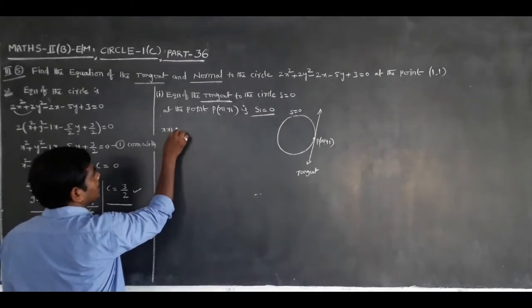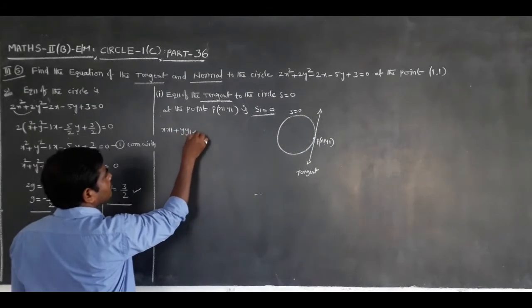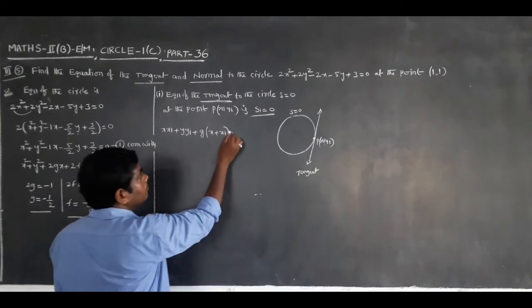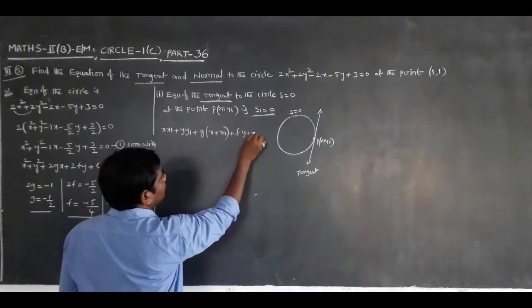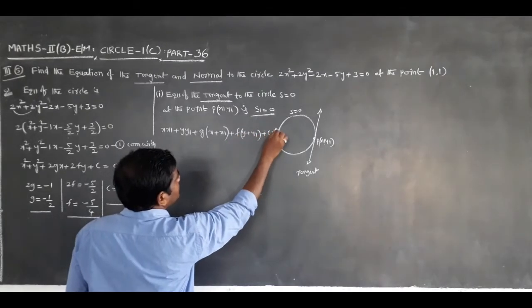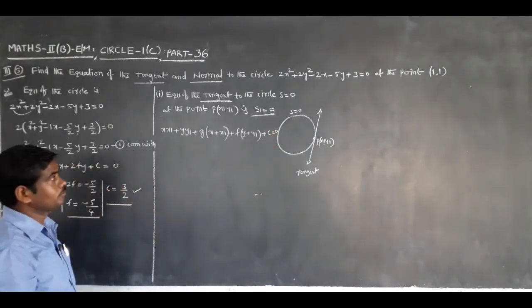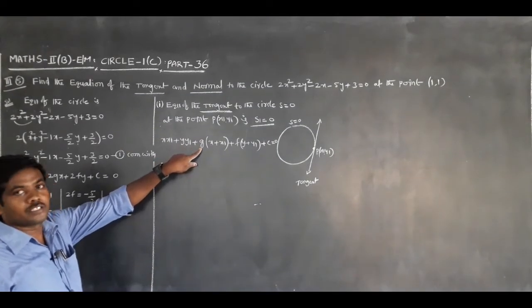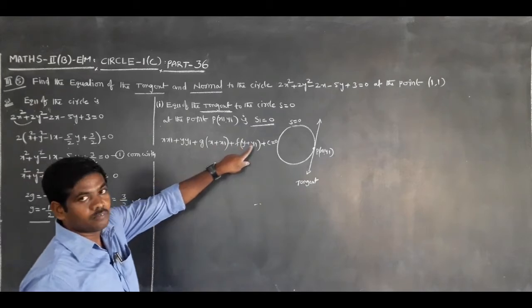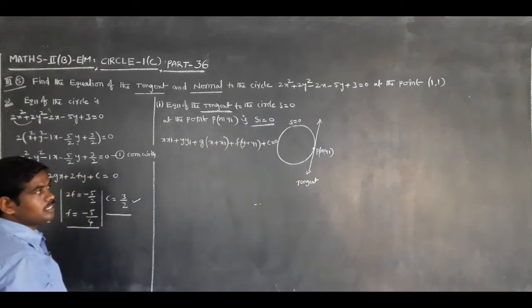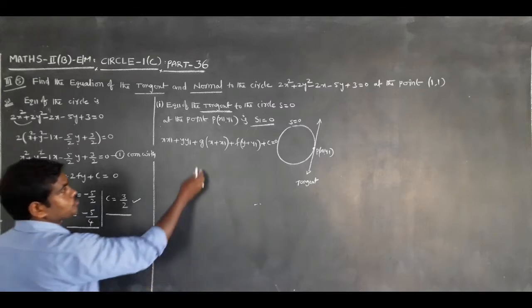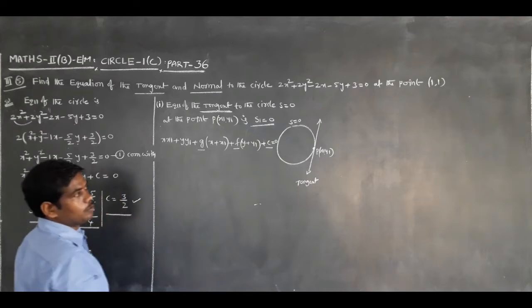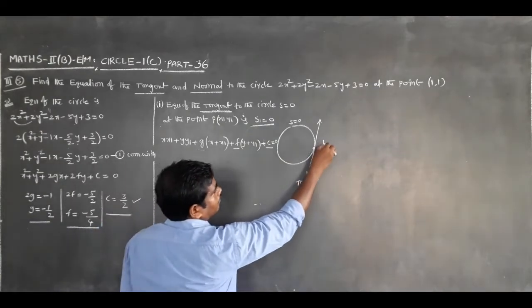S1 means x x1 plus y y1 plus g of x plus x1 plus f of y plus y1 plus c is equal to 0. Substitute the g, f and c values and the point x1 y1.